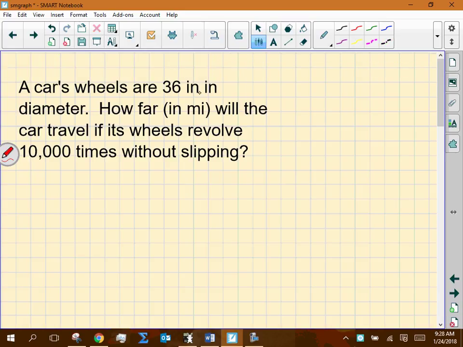Okay, 36 inches in diameter. That's something to pay attention to as well, a detail: they like to flip back and forth between diameter and radius, so make sure you do that. It says, how far in miles will the car travel if its wheels revolve 10,000 times without slipping?